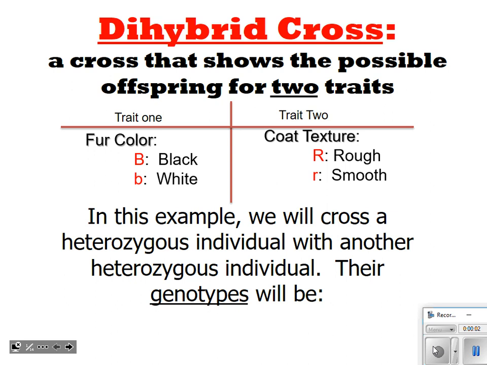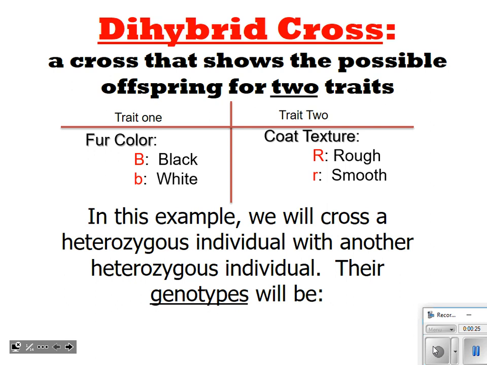Our objectives today, folks, are a couple of things. First, we're dealing with dihybrid crosses. So, we need to understand, number one, what a dihybrid cross is. Okay, that's one objective.